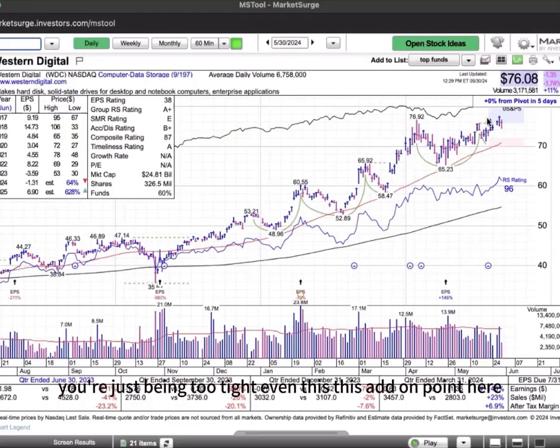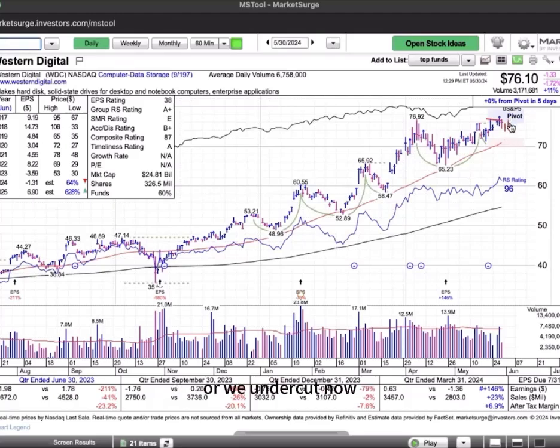Even this add-on point here, ask yourself, what's normal? Even something like this is potentially normal, where we undercut. Now, see the difference here? This is a situation where I wouldn't be really, really tight right here.